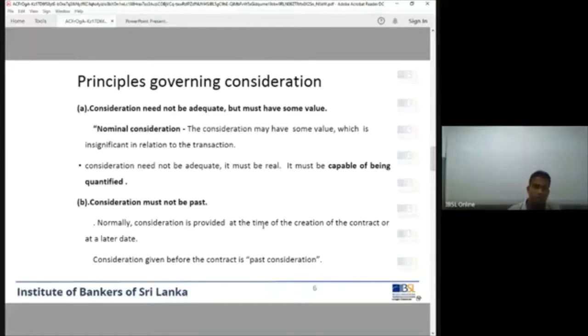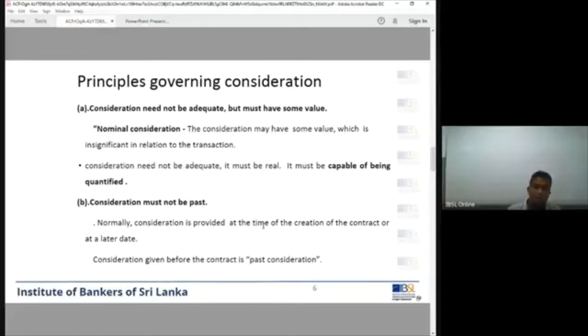So that is called past consideration. It is consideration you have paid well before you enter into the contract. Therefore, that past consideration under the law is not considered a valid consideration. You can't put that past consideration as the consideration of the present contract, because it is not acceptable under the law.